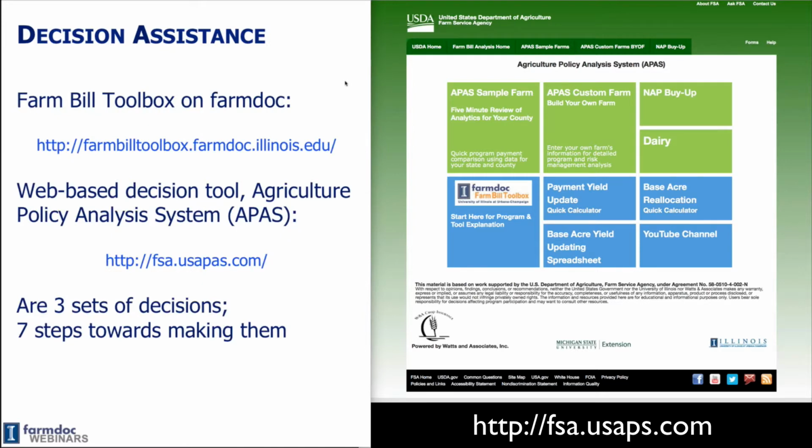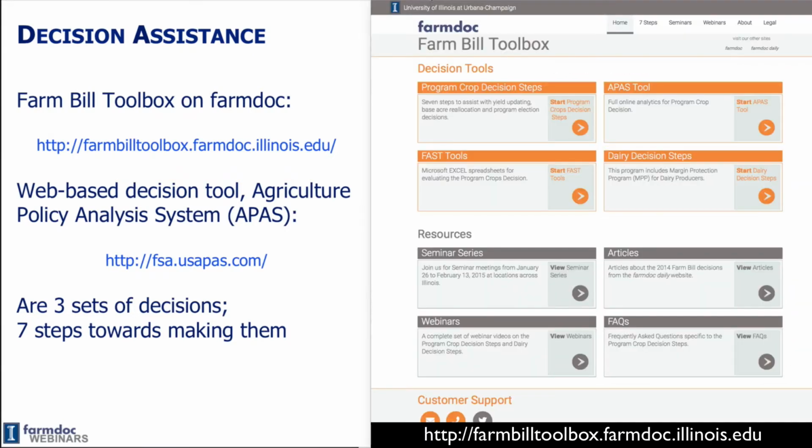We have two resources on the web that you can look at. We just want to point those out. First is the Farm Bill Toolbox. I'm bringing that up on your screen now. The buttons here on the right, the program crop decision steps, will lead you through the information that you need to make decisions.